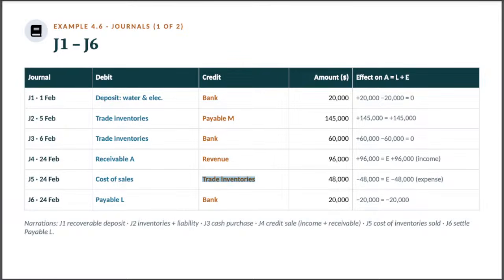The trade inventories, so this is an asset account, we decreased it for that cost of sales here. And we have negative 48,000. And that's our assets reduced equals here the E minus 48,000. So our equity minus $48,000, which is the expense. It's a liability. So we're just flipping this equation around here.